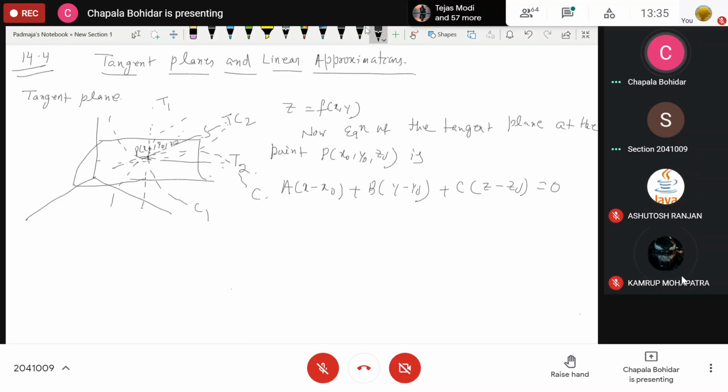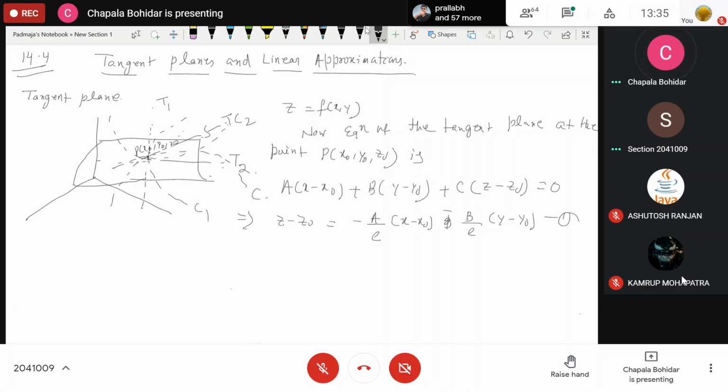Now we can write it in the form: z minus z0 is equal to minus A by C into x minus x0, plus minus B by C into y minus y0. Call this equation 1.